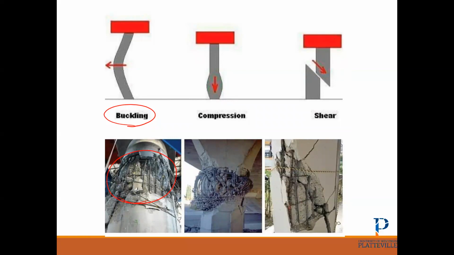It fails because we don't have enough cross section, or maybe enough rebars. Or sometimes we have a lot of compression, and you can see what will happen for this column that is connected to a bridge. Or sometimes it's a type of shear, it works like this, and it just breaks down from somewhere like this. Okay, so these are three different scenarios where we have some failure.